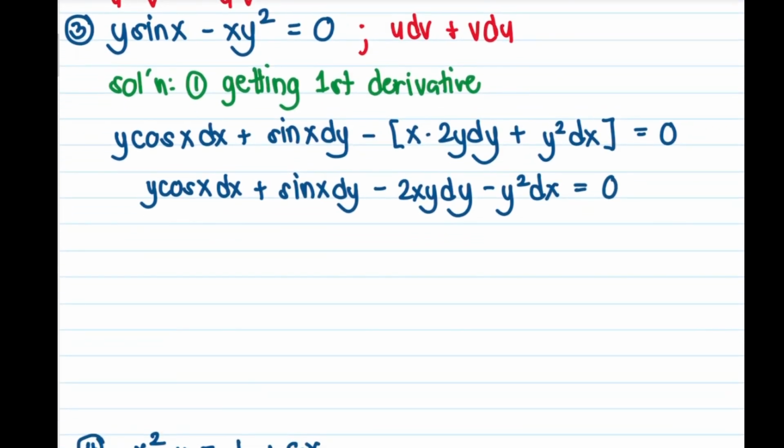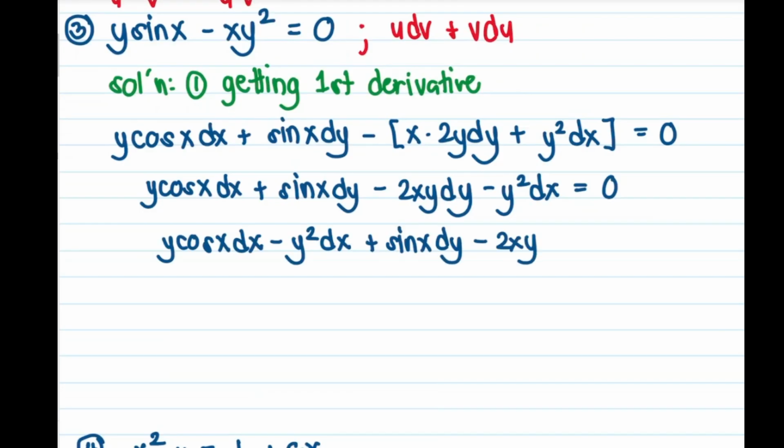So let's group like terms. So that one will be y cosine x dx minus y squared dx plus sine x dy minus 2xy dy equals 0.